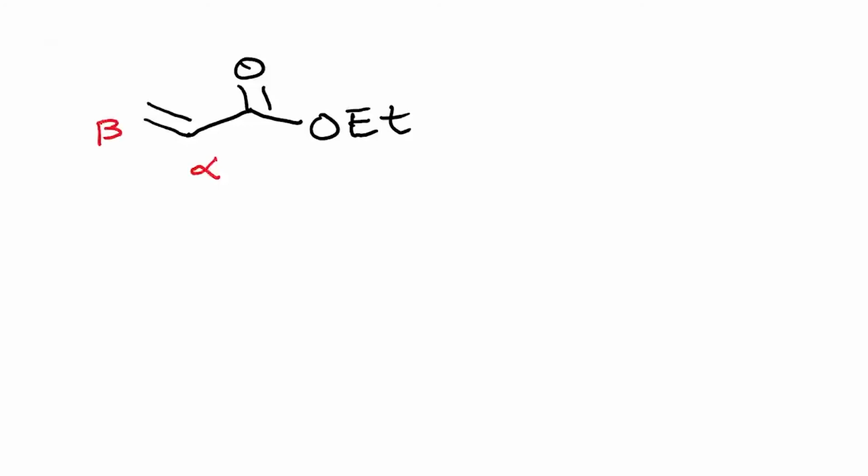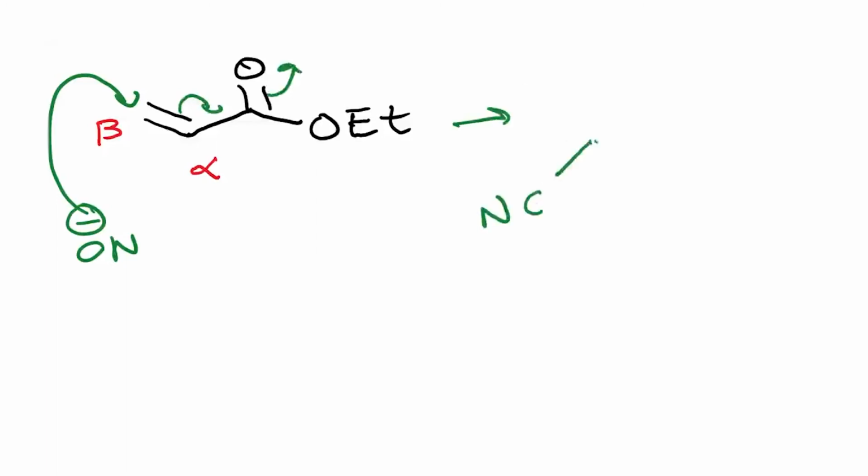I'm not going to go into an exhaustive set of examples, but I'm just going to give you 2 or 3 examples. The first example is I can also start with an alpha beta unsaturated ester. So this is the alpha position, this is the beta position, and now the reaction of cyanide under certain conditions can occur, and you get the corresponding cyano derivative. Let's keep the same numbering: 1, 2, 3, 4.